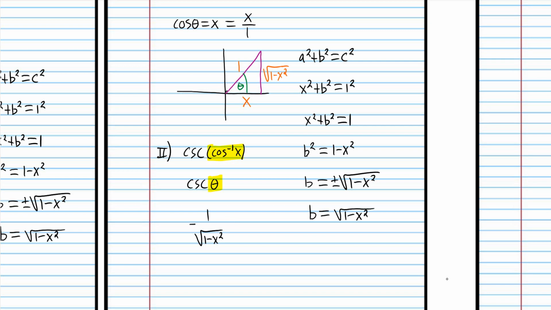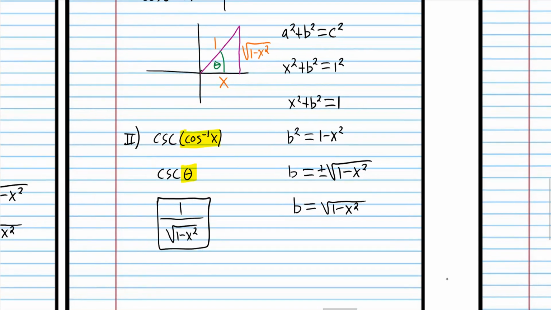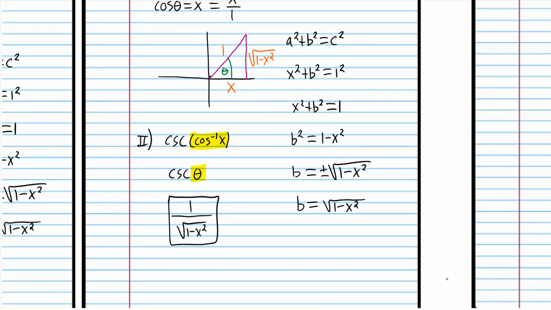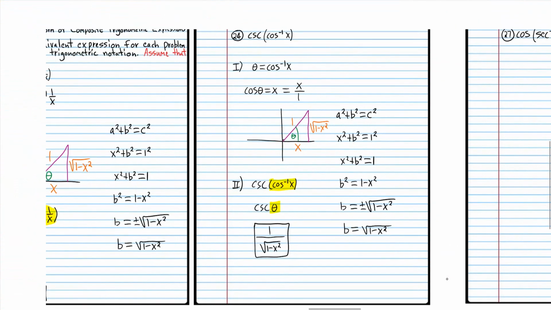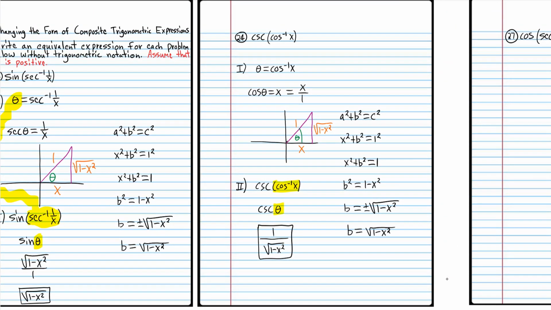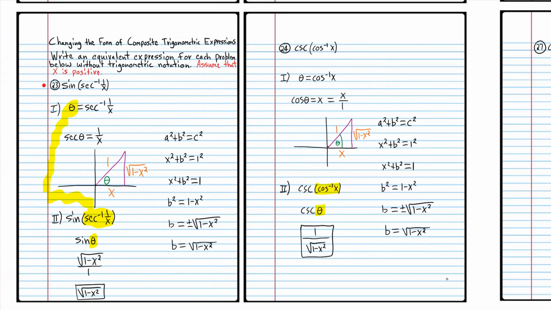So 1 over root 1 minus x squared. Now we could rationalize the denominator, but that's really not necessary for these types of problems. I don't want to complicate things. So there you go. There's another problem like that. So there was a lot of similarities there.